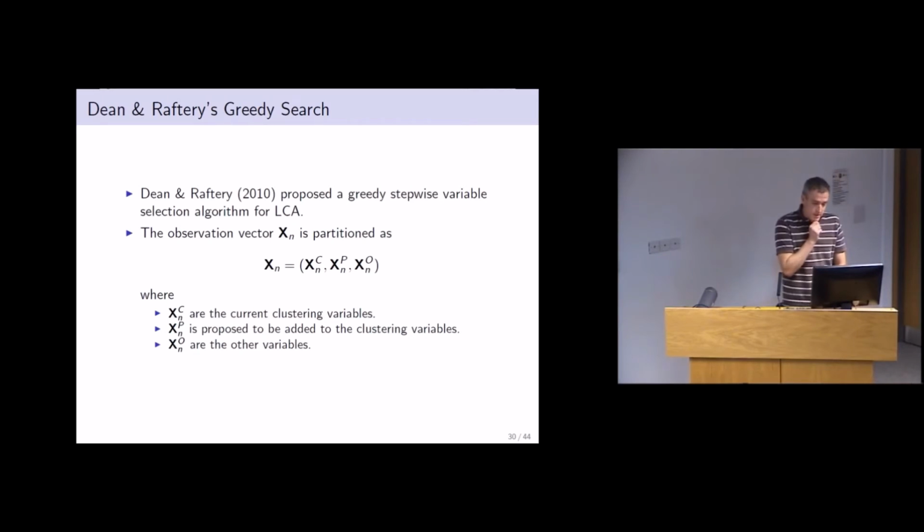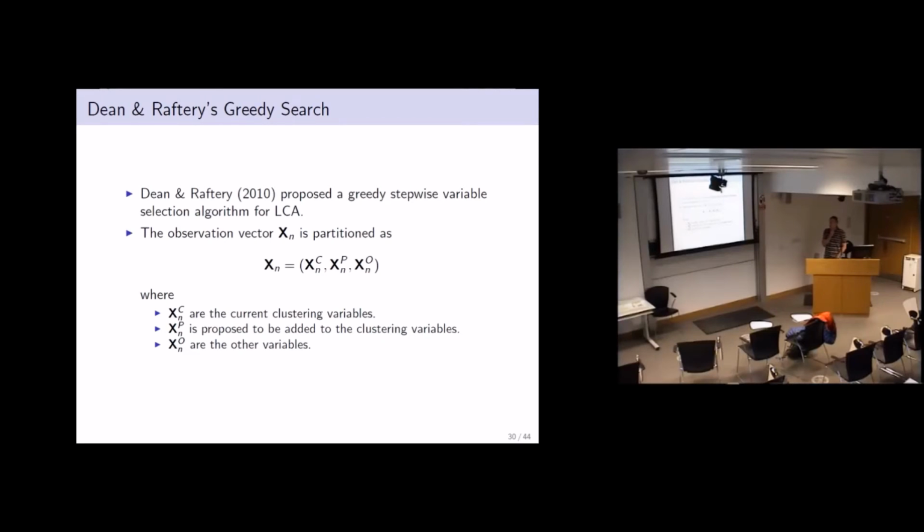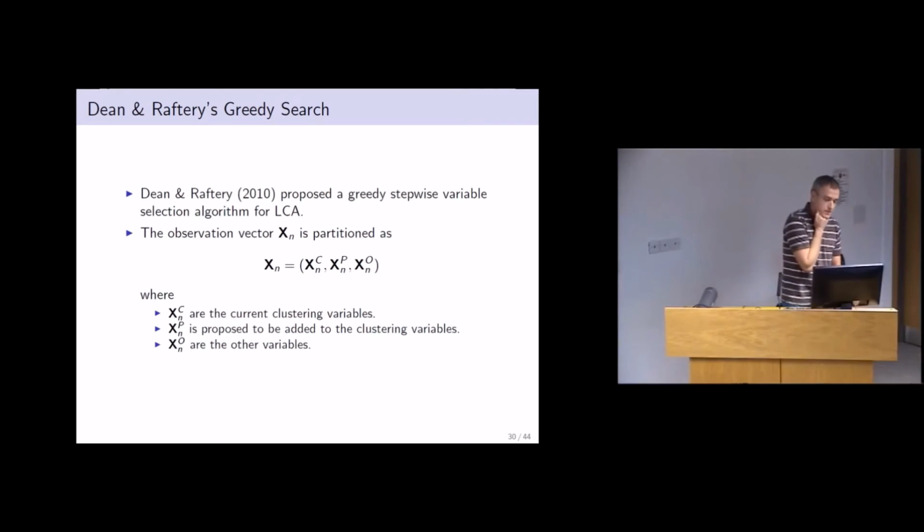So we took a step back to an approach for variable selection in the latent class analysis model that was proposed by Adrian Raftery and Nema Dean a few years ago, where they developed a greedy search for which variables are good for clustering and not clustering in a latent class context.